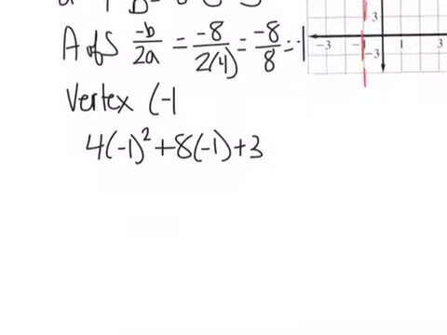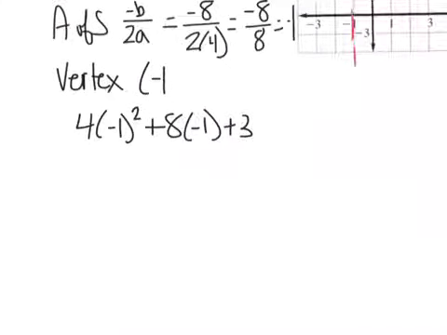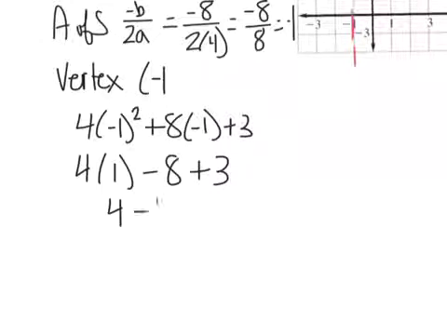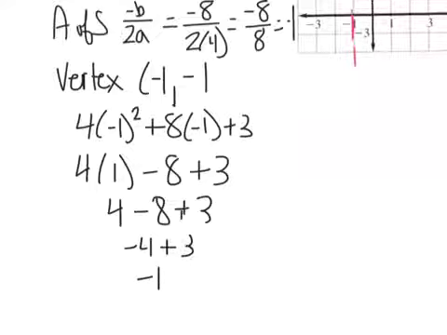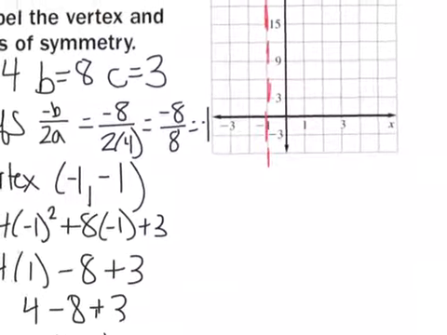Which when I solve that, I get 4 times 1 minus 8, or plus a negative 8, plus 3, which is really 4 minus 8 plus 3. 4 minus 8 is negative 4, plus 3 is a negative 1. So my vertex is at negative 1, negative 1. And I'm ready to plot that point.